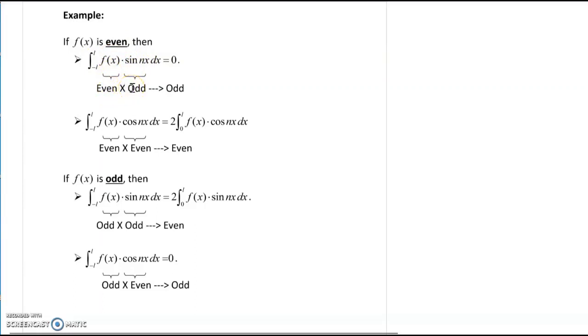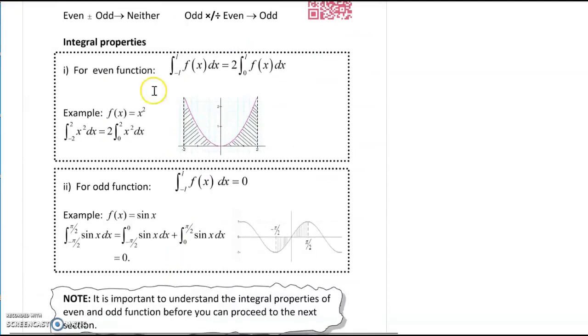We know from the previous discussion that when you have even times odd, the result of this multiplication will be odd. So the whole thing in this integral will be odd. If you integrate the odd function from negative L to L, it will be 0. So it goes back to this property.